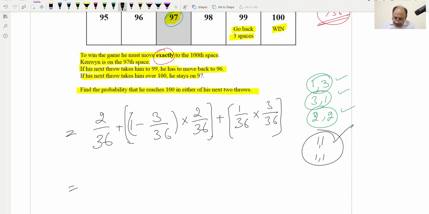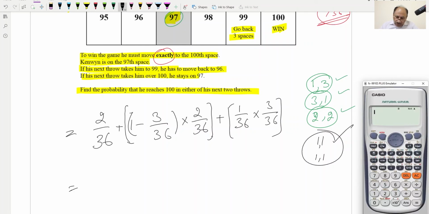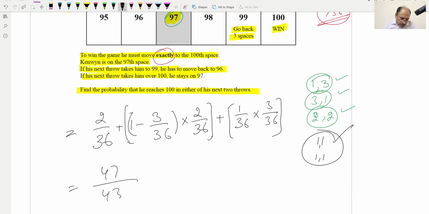So we will be adding this with the help of a calculator, and this will be 2 divided by 36, and plus next will be bracket, one more time bracket, and 1 minus 3 over 36, and bracket will be closed and multiplied by 2 divided by 36, and bracket will be closed, and plus this will be bracket again, 1 over 36 and multiplied by 3 divided by 36, and this will be giving you the answer as 47 over 432. 47 over 432.